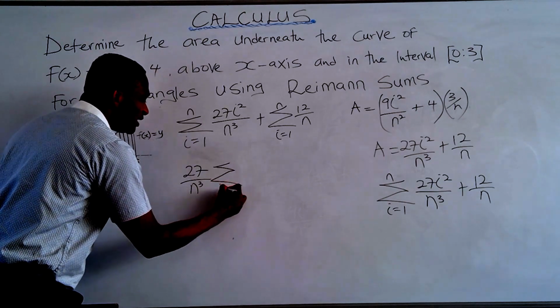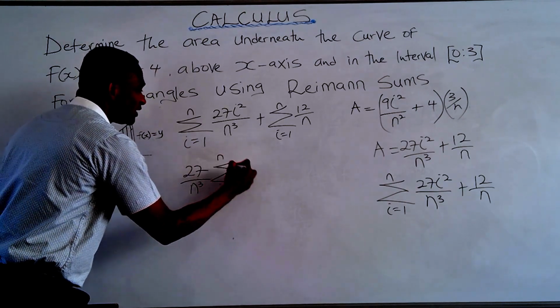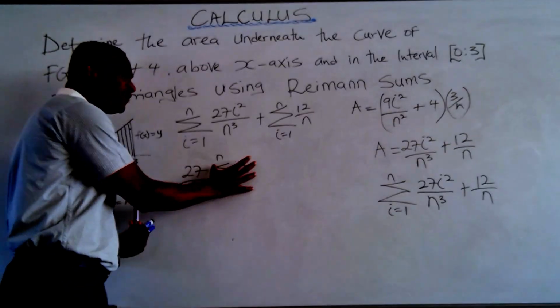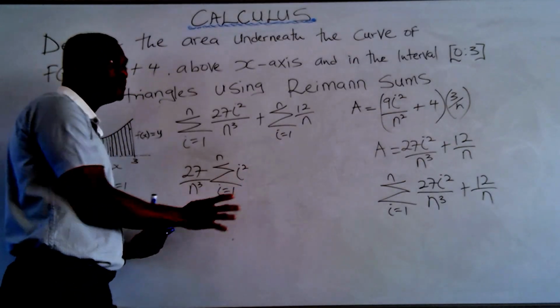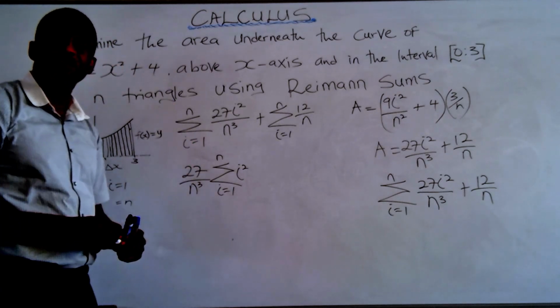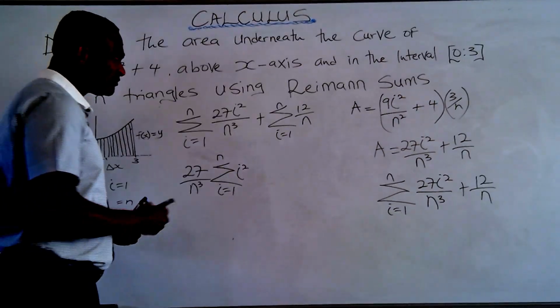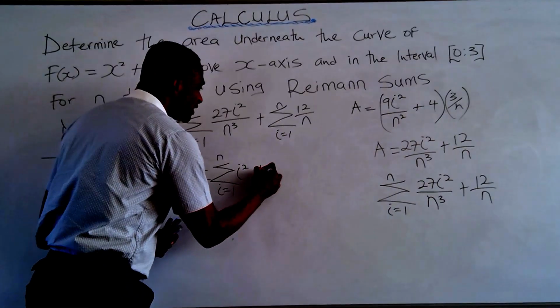So we have for i equals 1, and then we have i squared. Why are we using this? Because this is a predefined value that we use to simplify under Riemann sum, which will be given in your formula sheets. So we go to the second one.